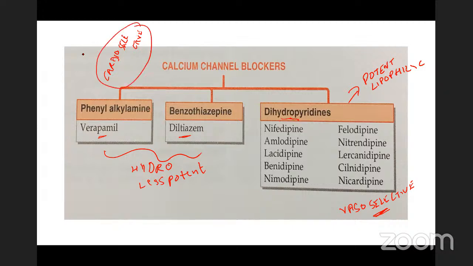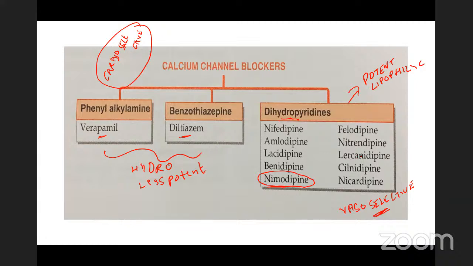Some important features of each drug you need to remember. Nimodipine is highly lipophilic and has a higher affinity for vascular smooth muscle like the blood vessels of the brain, the cerebral blood vessels. So it is mainly used in the control of blood pressure in subarachnoid hemorrhage. Cilnidipine has a renoprotective action.